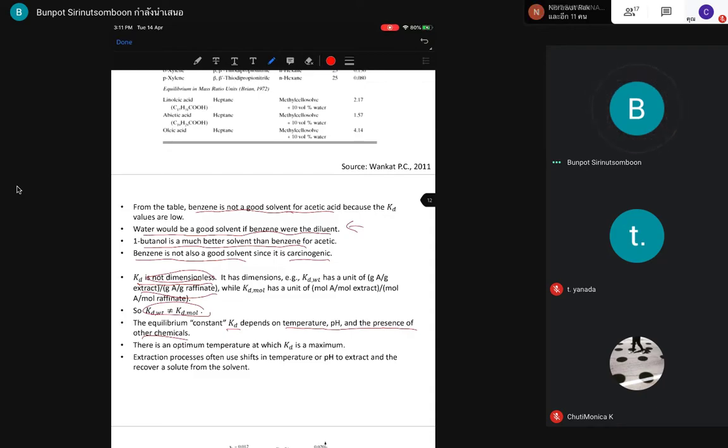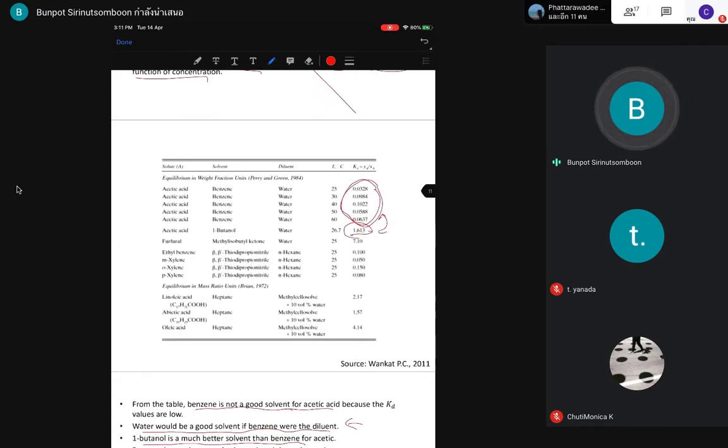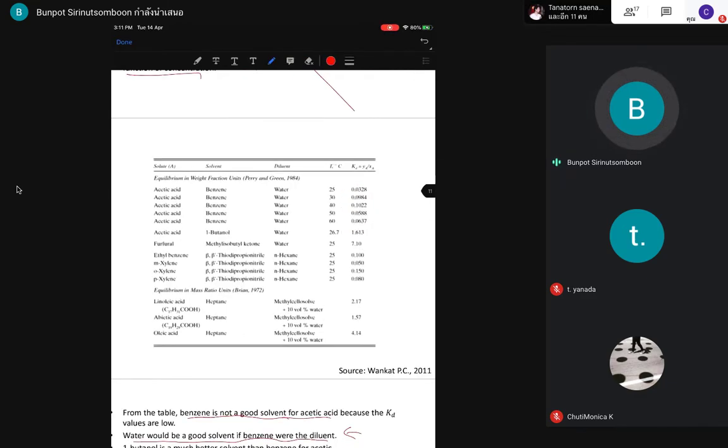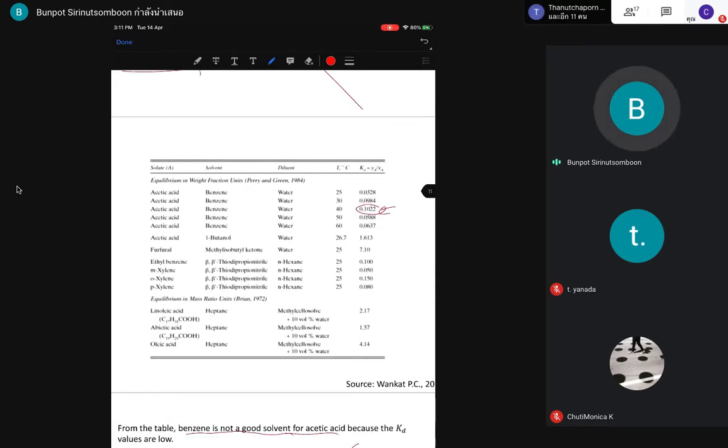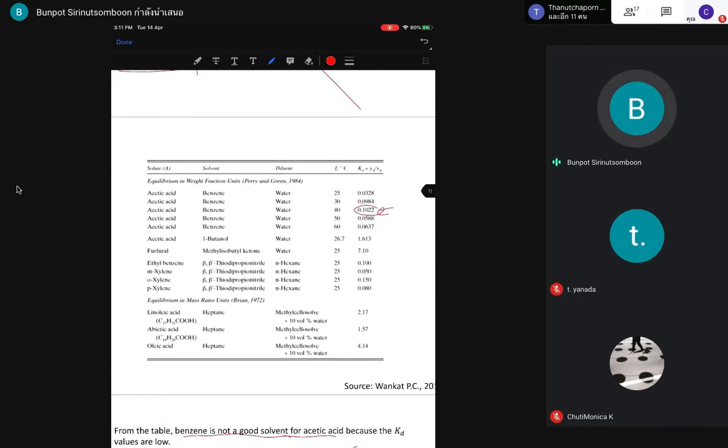And there's an optimum temperature to get the highest KD. For example, this one right here gives you the highest value at 40 degrees Celsius.